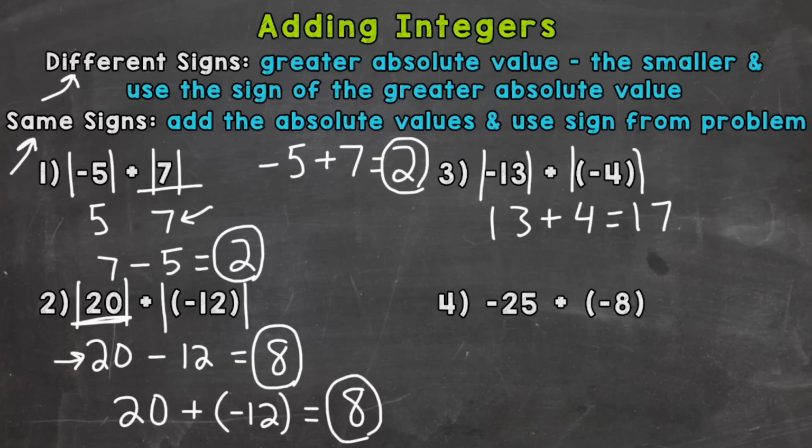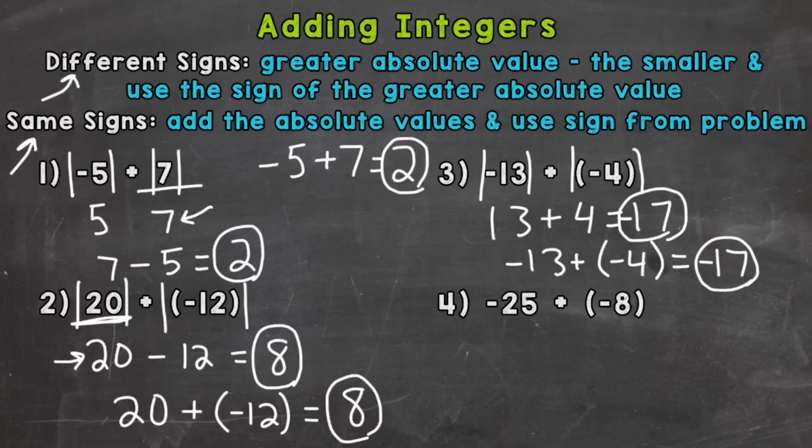So here what we are going to do is just add 13 and 4. It will give us 17, and finally we put the sign of either 13 or 4. It will become negative 17.